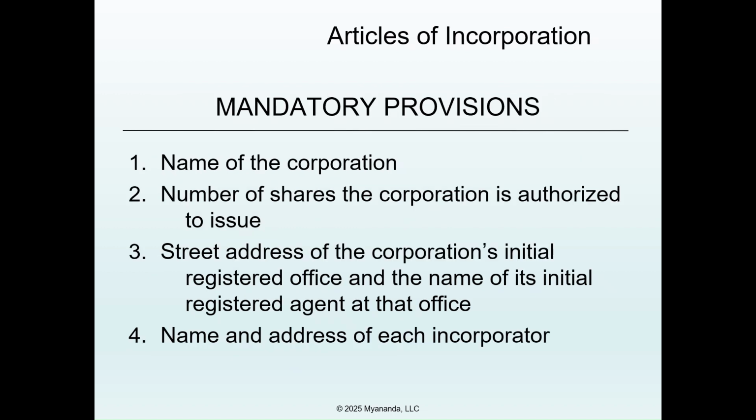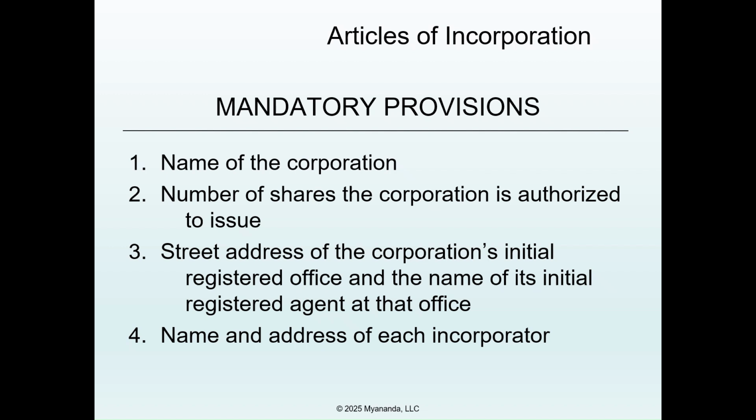So articles of incorporation have some mandatory provisions. This is like a 2-page document. It's nothing. You can get these online at any government office that handles corporations or businesses in the state. It has to have its name, the number of shares it's authorized to issue, and the street address of the registered agent and registered office.